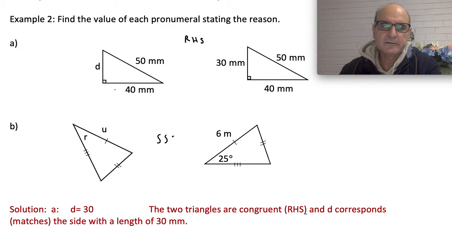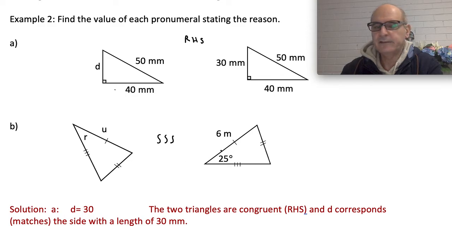Side, side, side. Now we know they are congruent, we can use them to find the missing values. How much is this angle R? This angle R here is between the line with 1 dash and the line with 3 dashes. So 1 and 3.